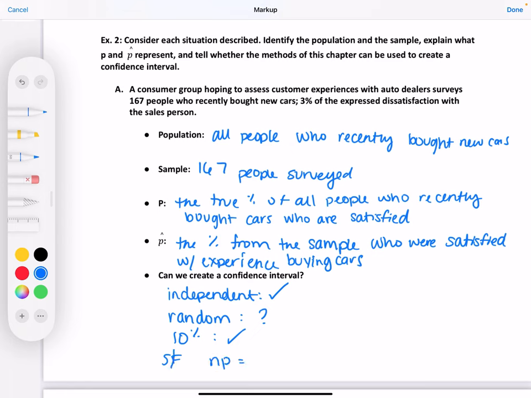NP, so 3% expressed dissatisfaction. So that's going to be 167 times 0.03.